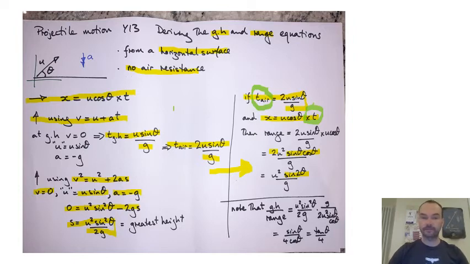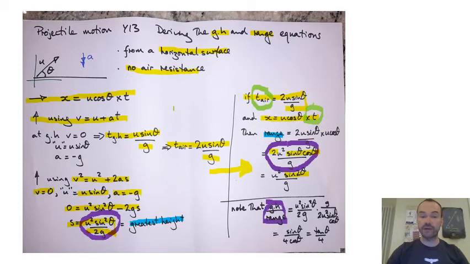Okay, now, some previously beautiful questions. Note that if you divide that by that, if you divide this by this, the u squareds cancel, one of the sine thetas cancels, g cancels, and you get this lovely result that the greatest height divided by the range is tan theta over 4.